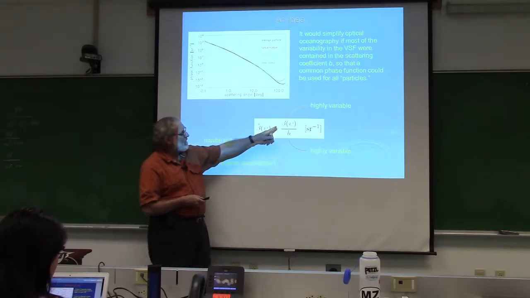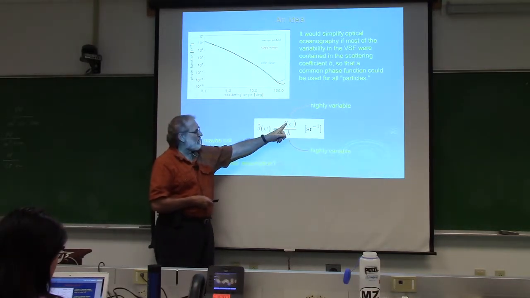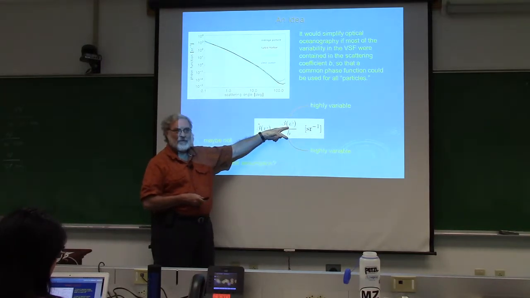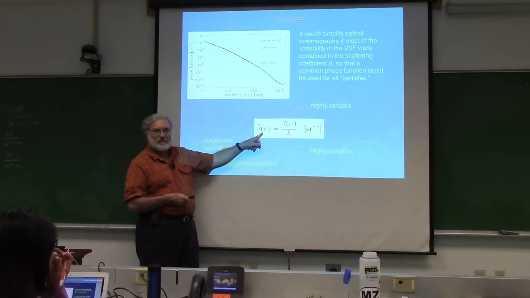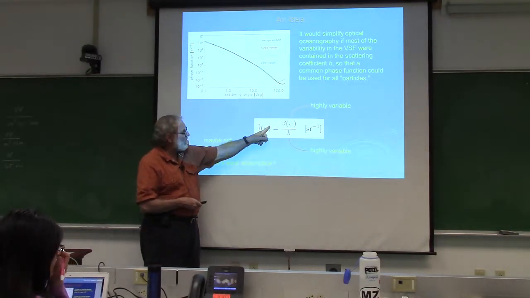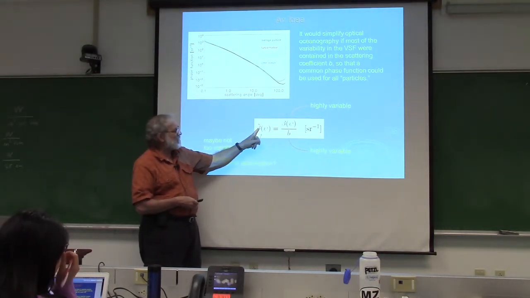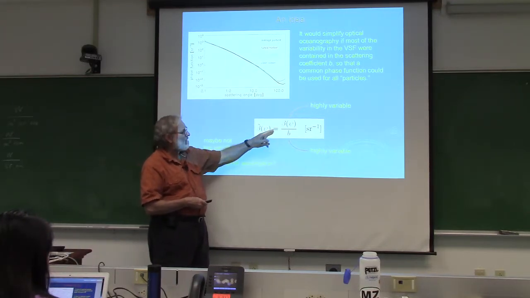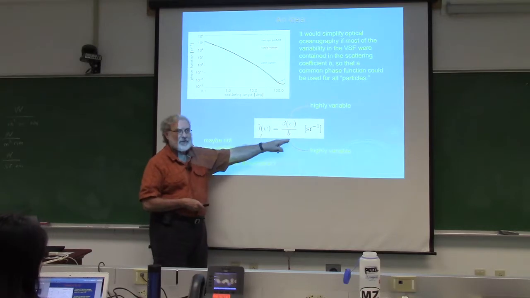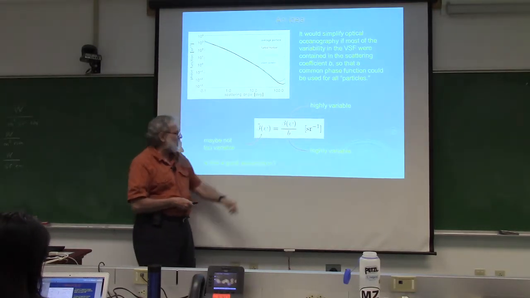But maybe if I divide this highly variable function by this one, since both of these depend on particle concentration, maybe the ratio will not be very variable. And so I'll have just a function here that doesn't vary much with concentration, for example, and I don't have to deal with all the variability of the VSF.